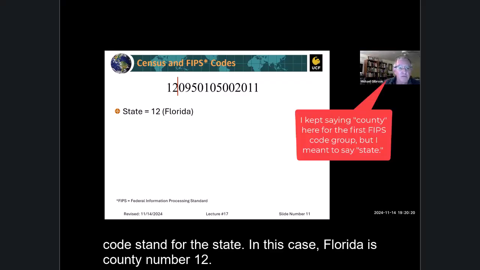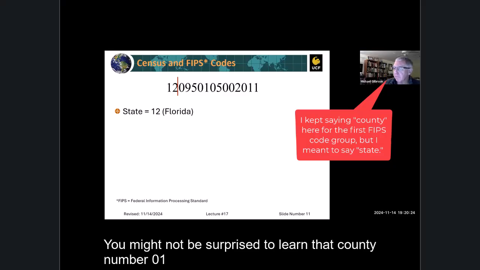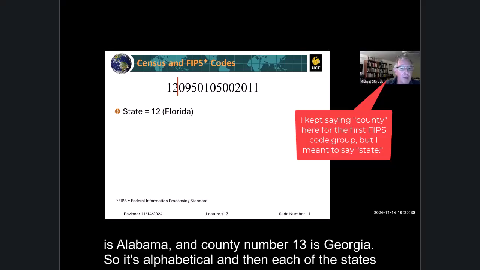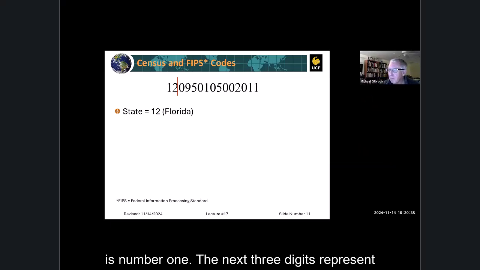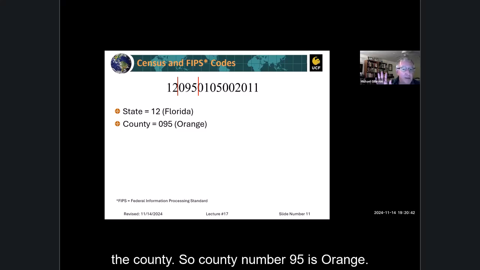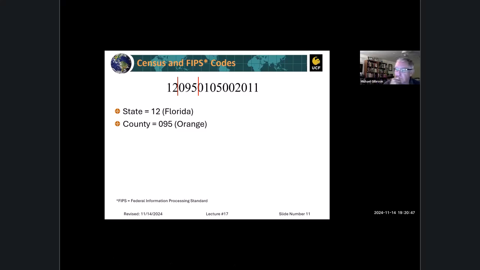In this case, Florida is state number 12. You might not be surprised to learn that state number 01 is Alabama and state number 13 is Georgia. So it's alphabetical, and then each of the states is numbered. The next 3 digits represent the county. So county number 95 is Orange.